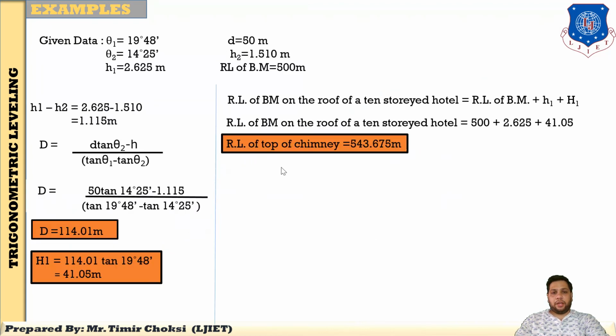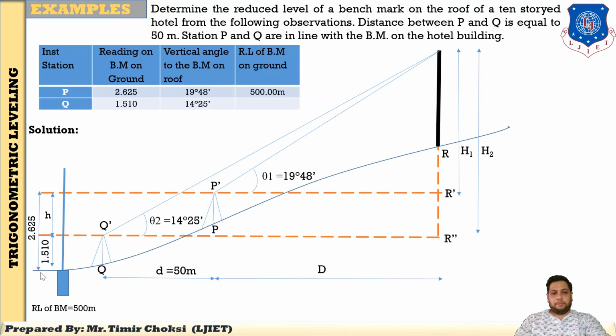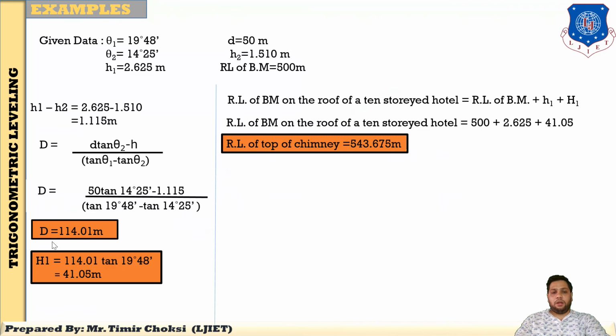But in this example you have found the H1 value, so only use the H1 value. So RL of benchmark plus small h1 reaches this particular point, and you add the value of capital H1 from the formula. Put the values and you get the answer for the RL of the roof.